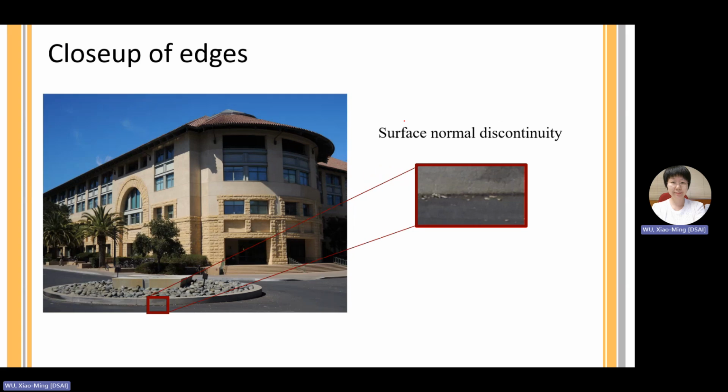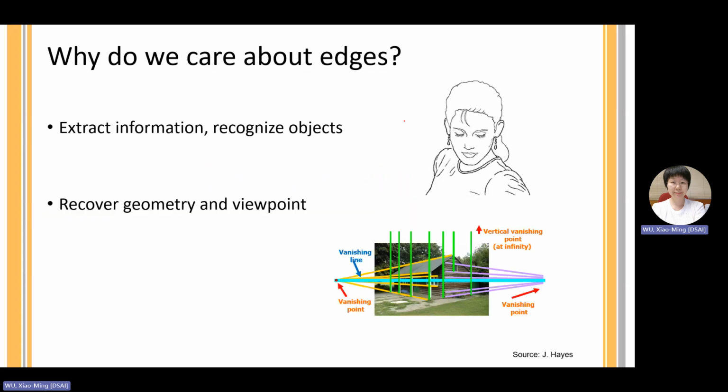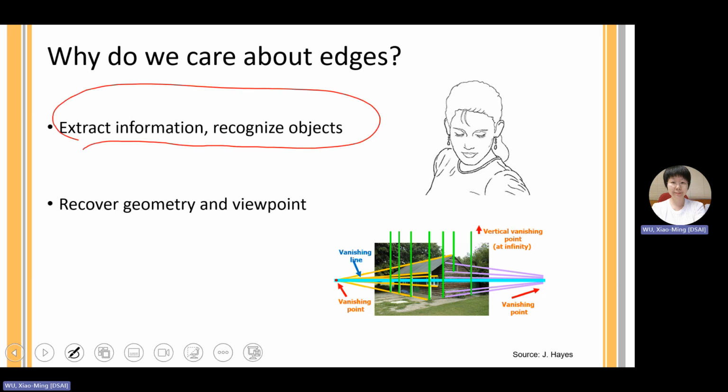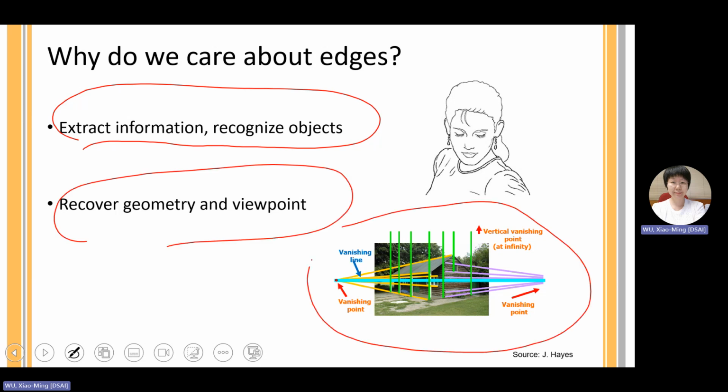Okay, and these few slides show why we care about edges. It can be used to extract information, recognize objects, and we have explained that. But it can also recover geometric and viewpoint information. Okay, it helps us to understand the geometry of the object.